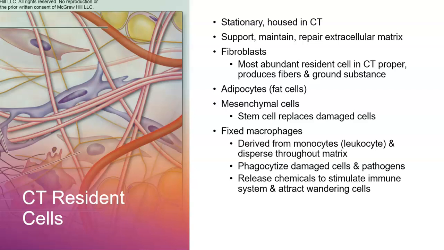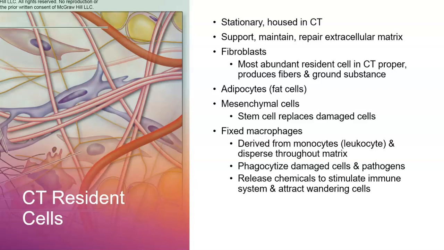Blast, I want you to think of that as a term that roughly means build. So fibroblasts build fibers. They produce the fibers that we find in the extracellular matrix. Adipose tissue, fat cells, they stay in place in the fat tissue. Your mesenchymal cells are those stem cells that are constantly going to replace old, damaged, worn out cells.